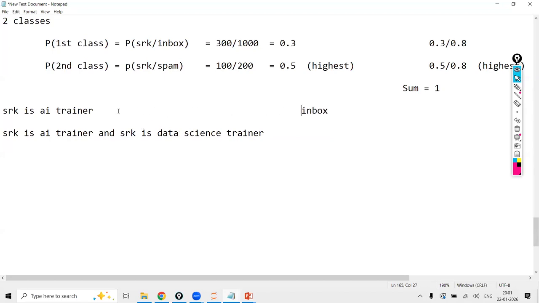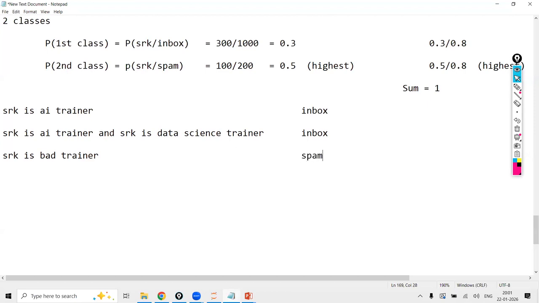In a single mail, it was repeated 2 times. Then, SRK is a bad trainer. I'm using the word positive or something. Okay, inbox only. And let us assume this was a spam.